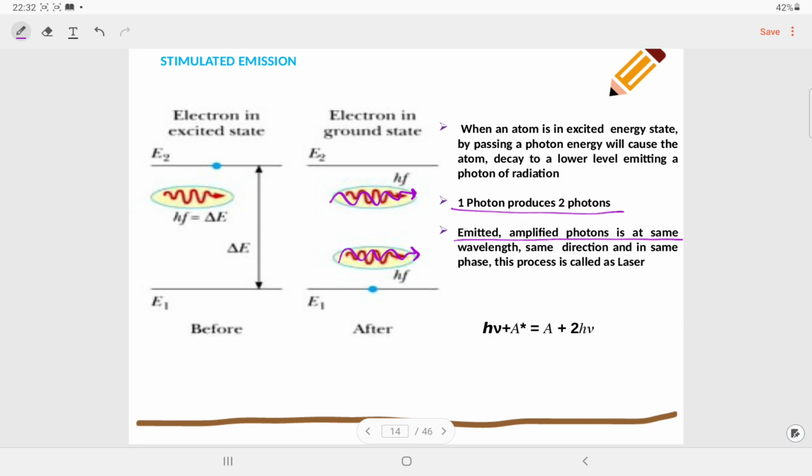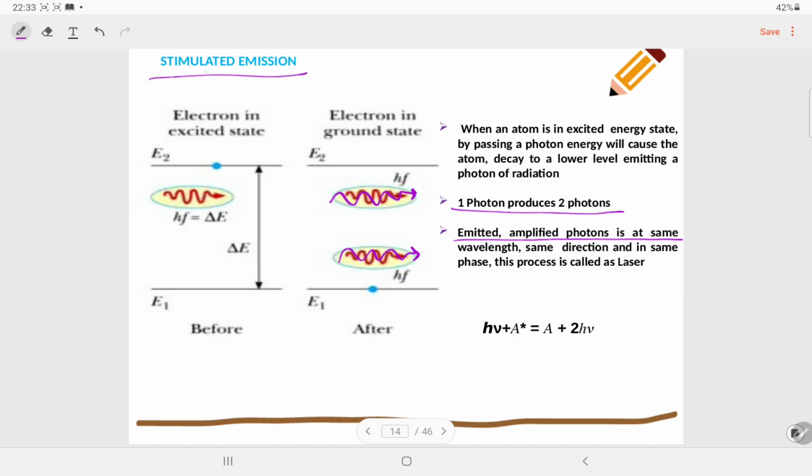This process continuously happens, a chain reaction starts, and an avalanche effect is created. Therefore, a high amount of light beam is created in the laser cavity, or simply the resonant cavity.